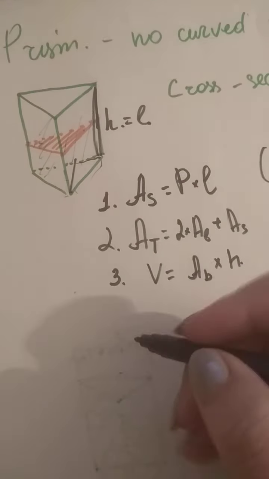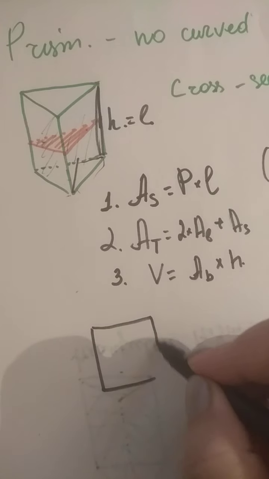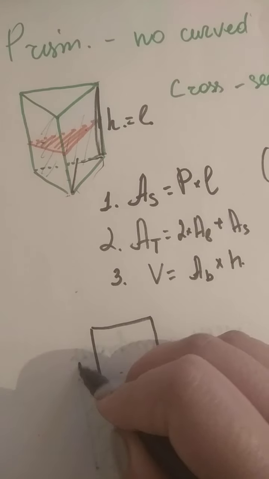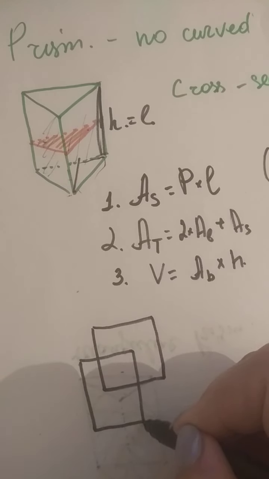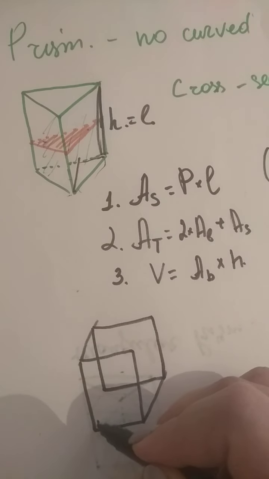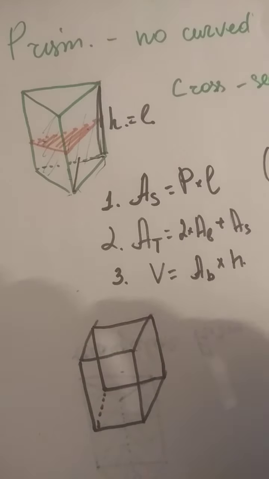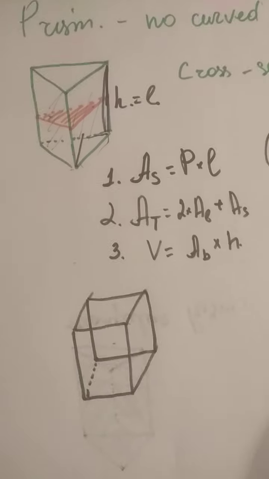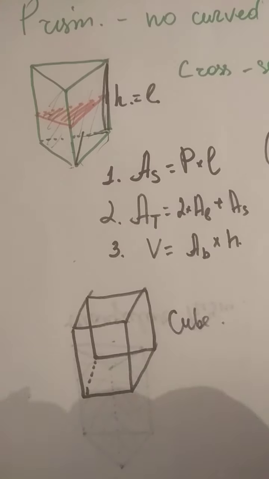For example, for the cube, what's the volume of cube? You know that we need to multiply 3 dimensions of the cube. Let me draw. It's not good, but it's enough for describing. So guys, actually it just looks like a rectangle, but let us assume it's a cube.